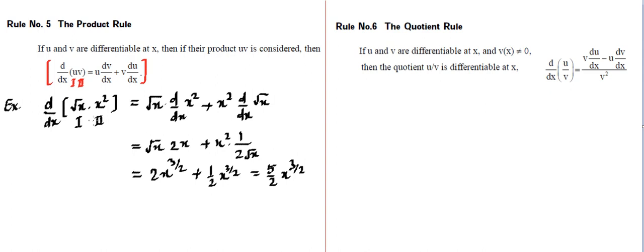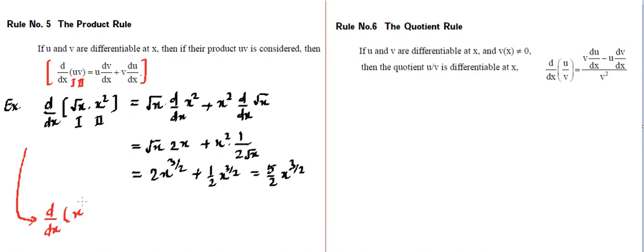Now since this example can also be solved by using basic rule, then we can check whether the answer that we have got in this way is same as the answer that we are going to get directly, or the other way, because that other way is existing over here. So we can say if you multiply these together, it will become x raised to power 2 plus half.